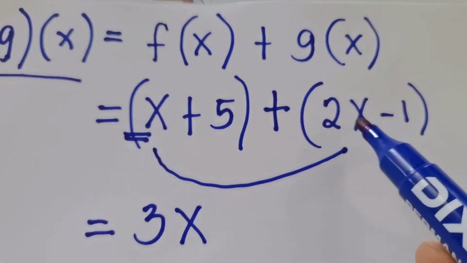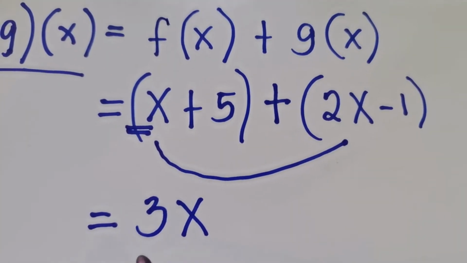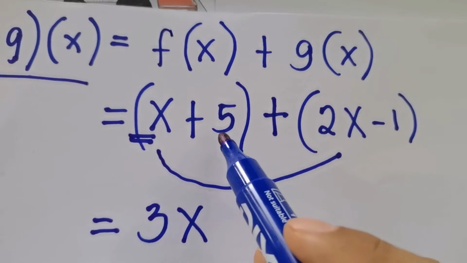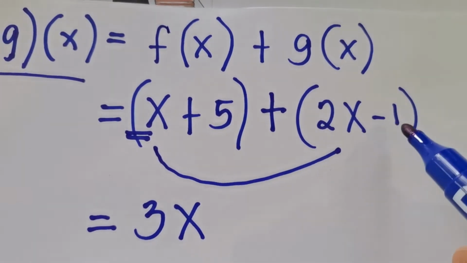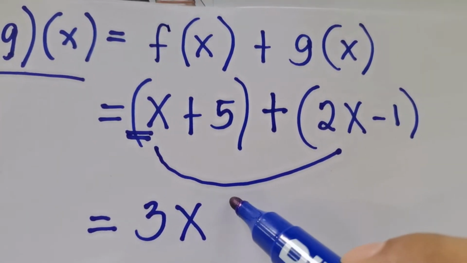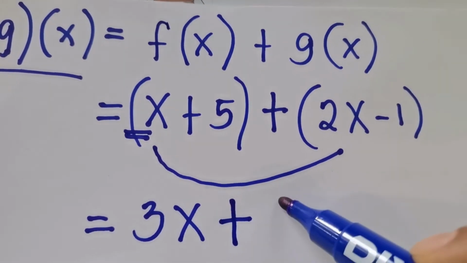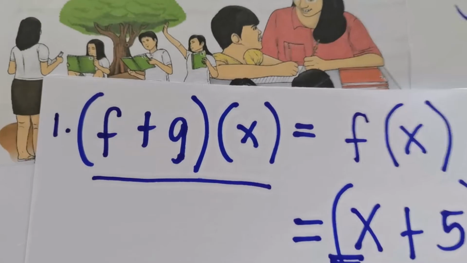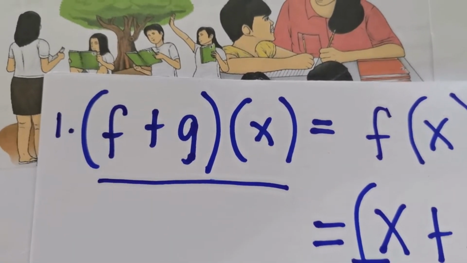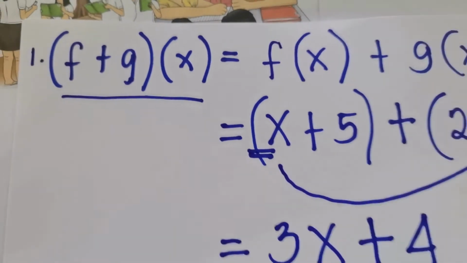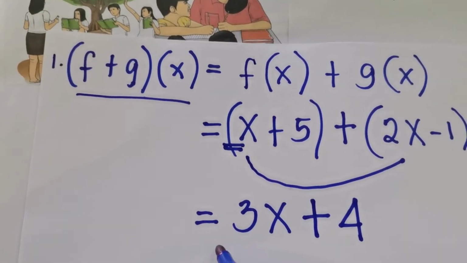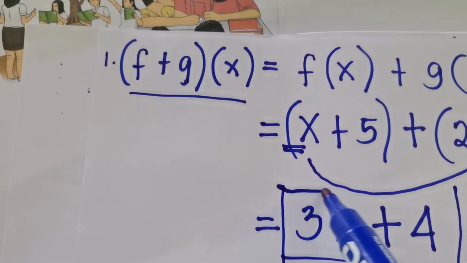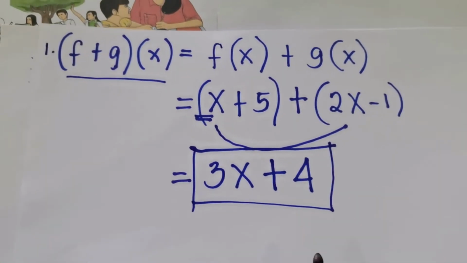Then copy the literal coefficient. We can have 3x. Then 5 plus negative 1, that is positive 4. Now, the quantity f plus g of x is just equal to 3x plus 4.